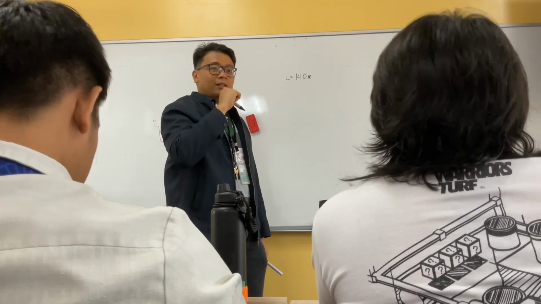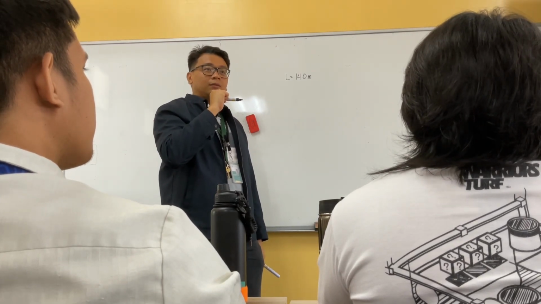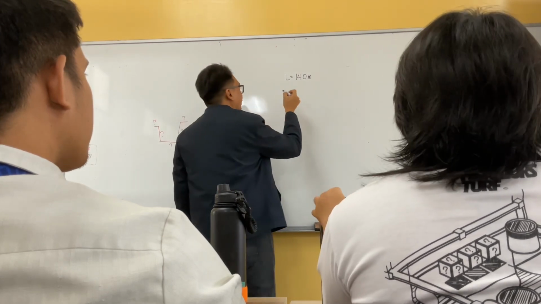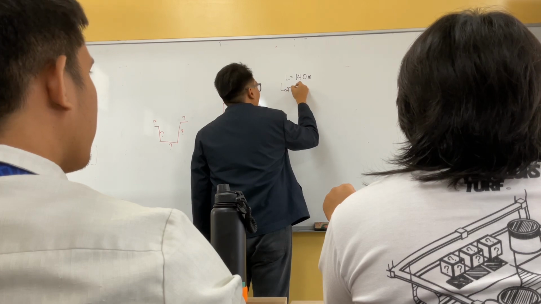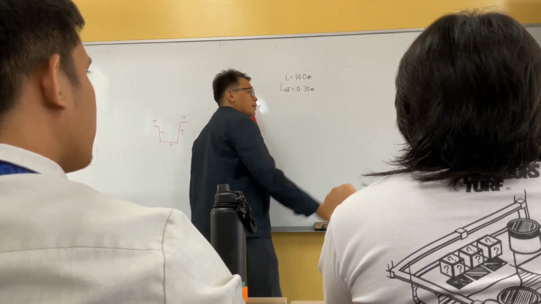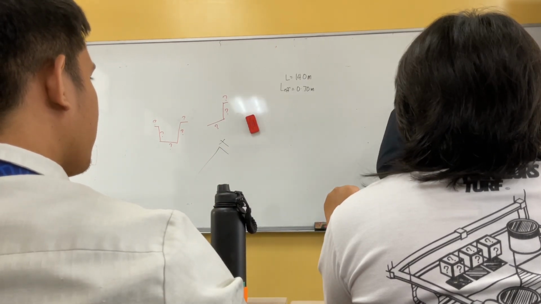So sa ganito, step 2, divide the length from step 1 by effective length. So kung sa mga ito i-divide na 0.7. So 1.5 corrugation.